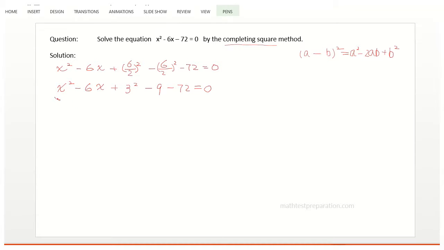Now, x² - 6x + 3² is (x - 3)². This is a perfect square. Minus 72, negative 72 plus negative 9 is negative 81, equals 0.